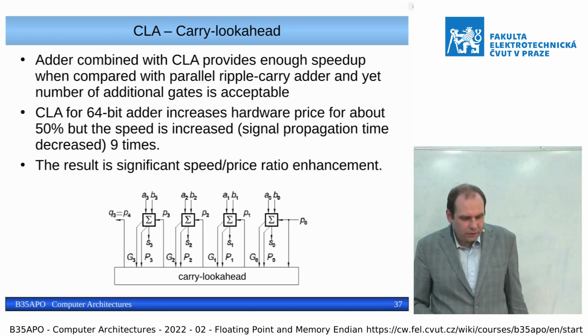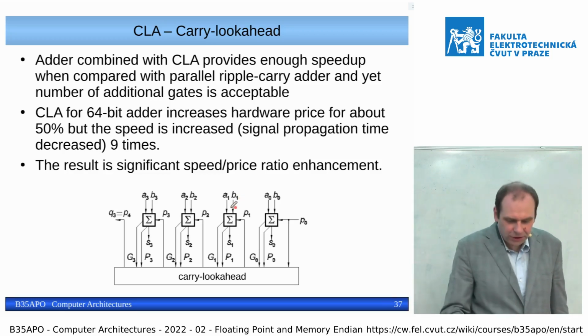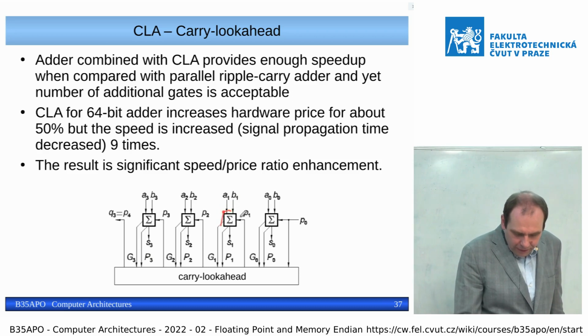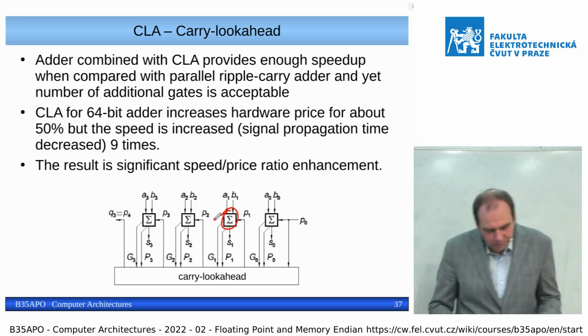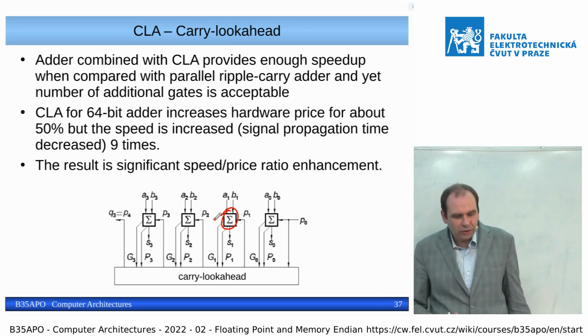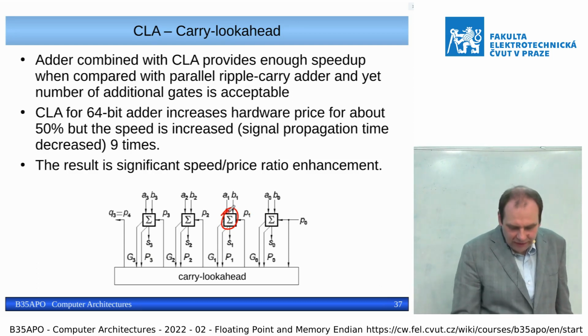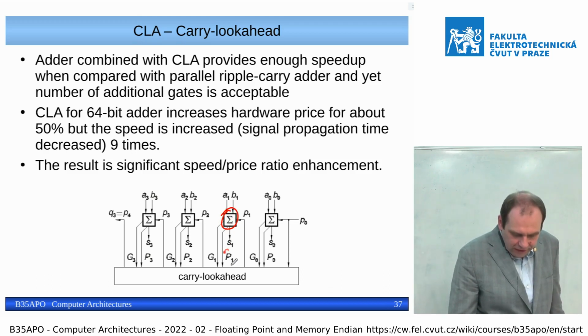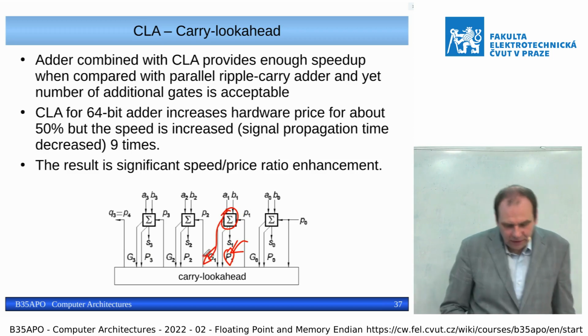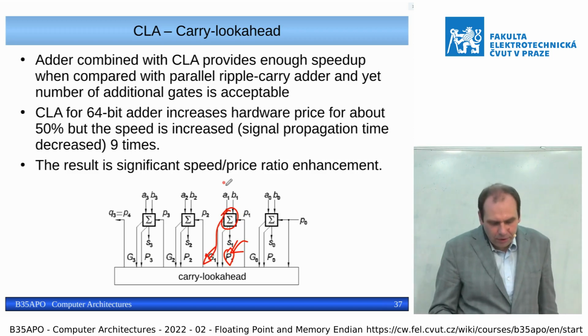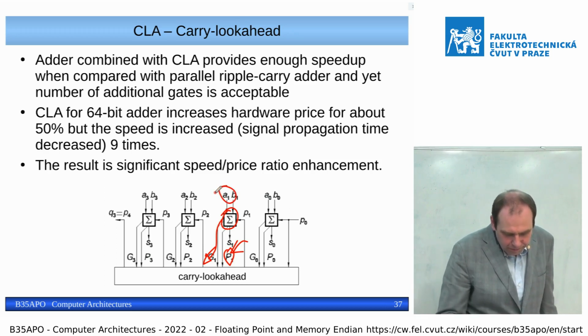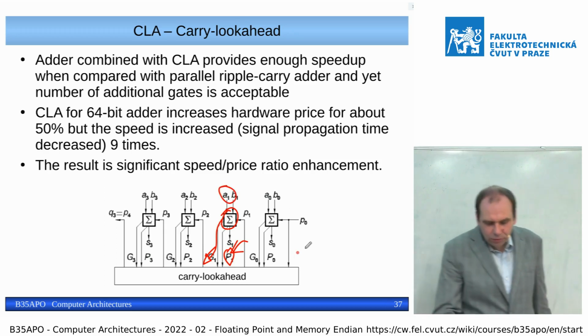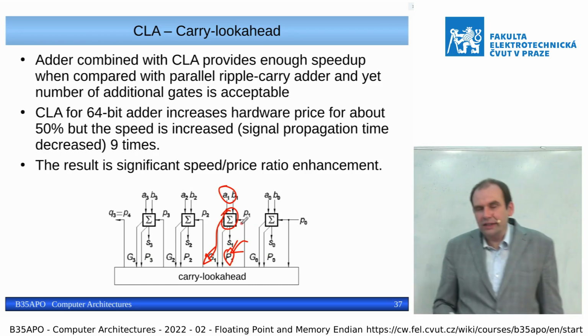So we try to speed up the thing, and one option is that we build basic adders which are not directly coupled through the carry in and carry out, but they only define if the carry from a given digit will be propagated from the previous one, or if it is generated in the given digit. So this information can be computed only from A and B inputs, and we do not need to know what is the actual state of the carry on the input.